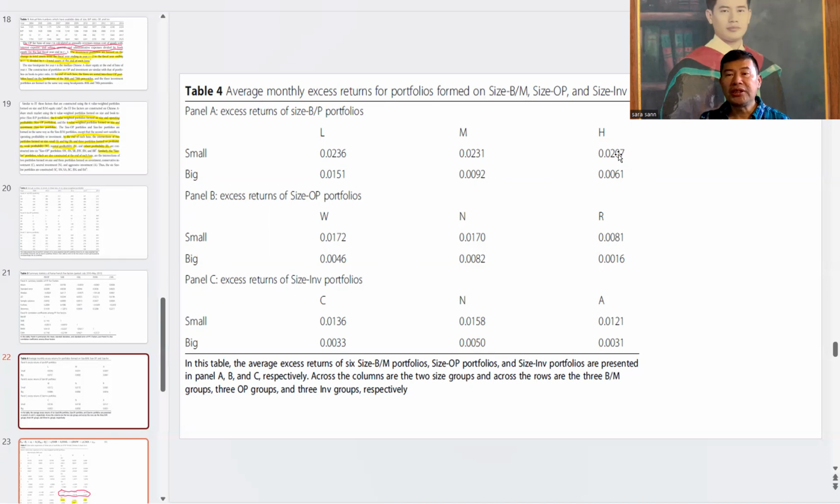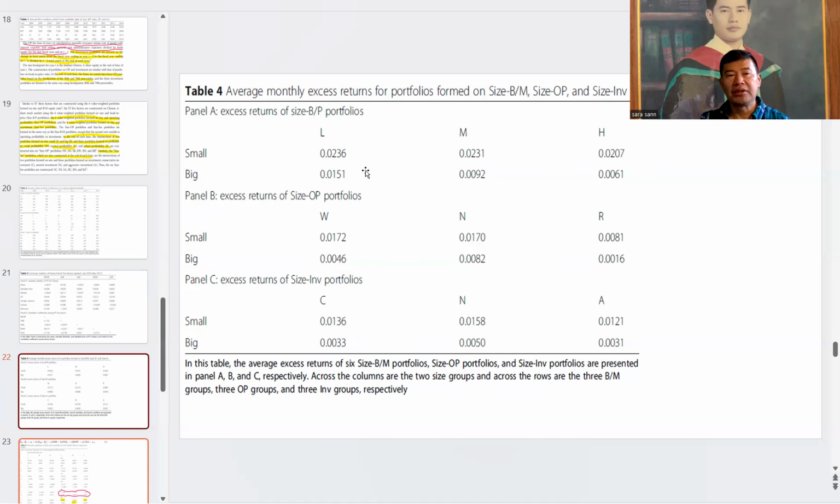If you want to choose excess return by investing in a portfolio like that, you have to pick the one that has a large excess return. So it's supposed to be small size with a low book to market ratio, or medium book to market ratio. Okay, what about the big size to low book to market ratio?